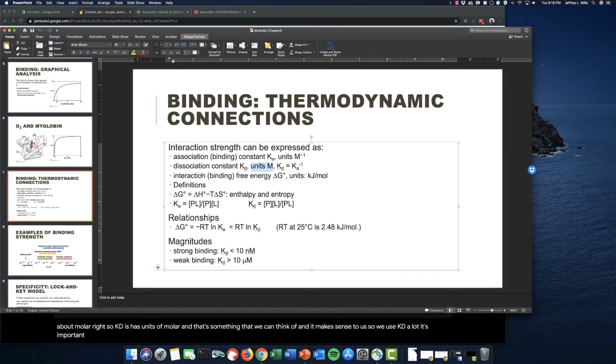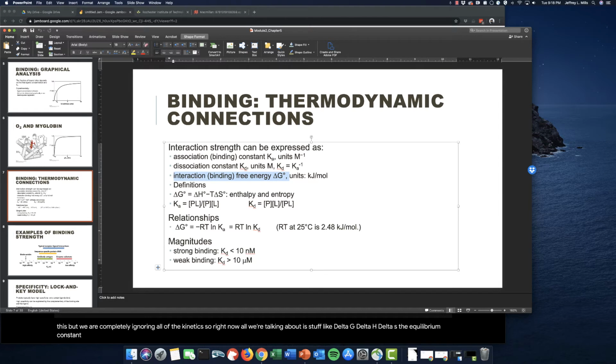It's important to remember that these are all energies and thermodynamic units and thermodynamic concepts. There is also kinetics involved in this, but we are completely ignoring all of the kinetics. So right now, all we're talking about is stuff like delta G, delta H, delta S, the equilibrium constant.